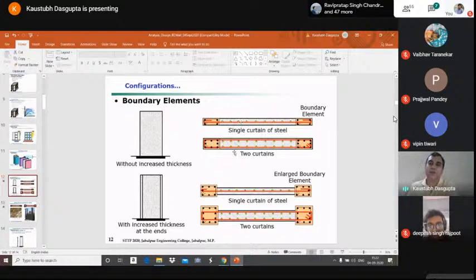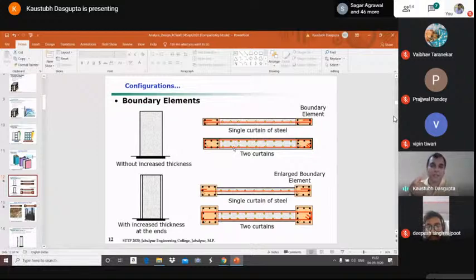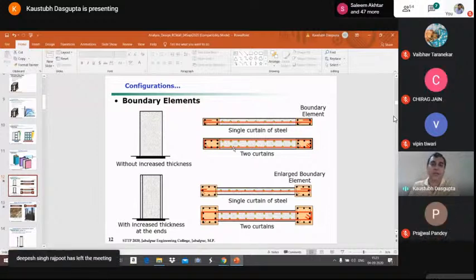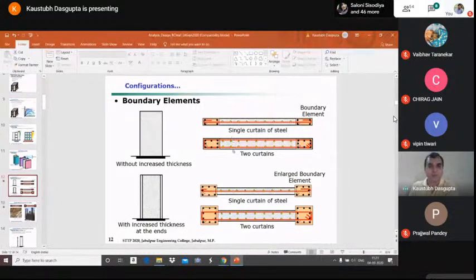However, when you are providing two layers of bars, your minimum thickness should be 200 millimeter, because you can very well figure out what is the required minimum thickness. Say you take the nominal cover for your wall as 40 millimeter. So two layers of bar means 40 millimeter, 40 millimeter, 80 millimeter on the two sides.